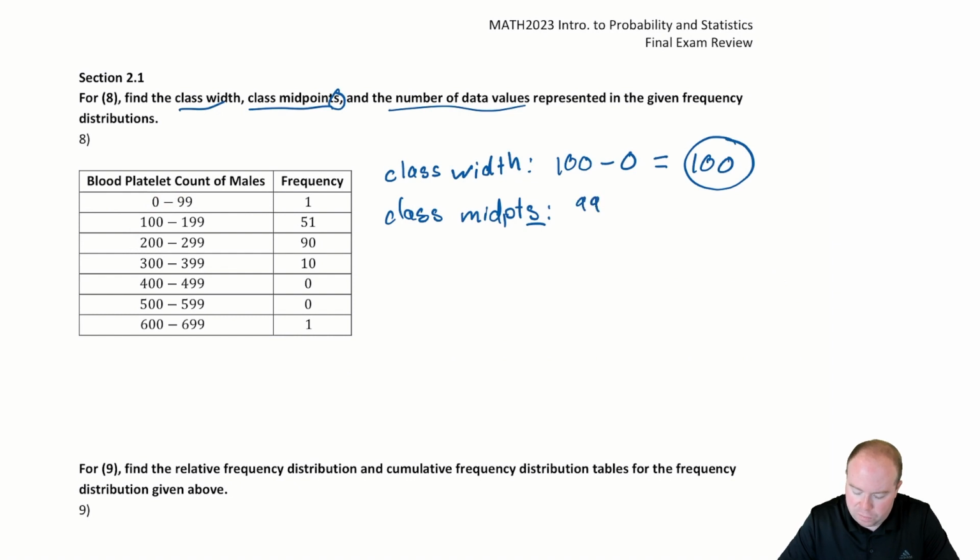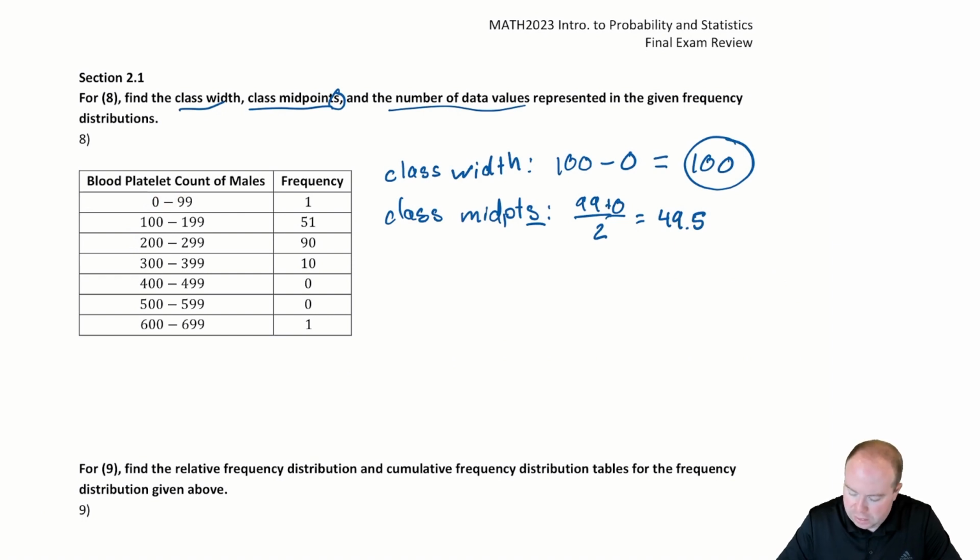For the first one, 0 and 99, to find the midpoint, you add the two numbers and then divide by 2. You can think about this as your midpoint formula from college algebra. So the first one is 99 divided by 2, which is 49.5. That is the midpoint of the first class.